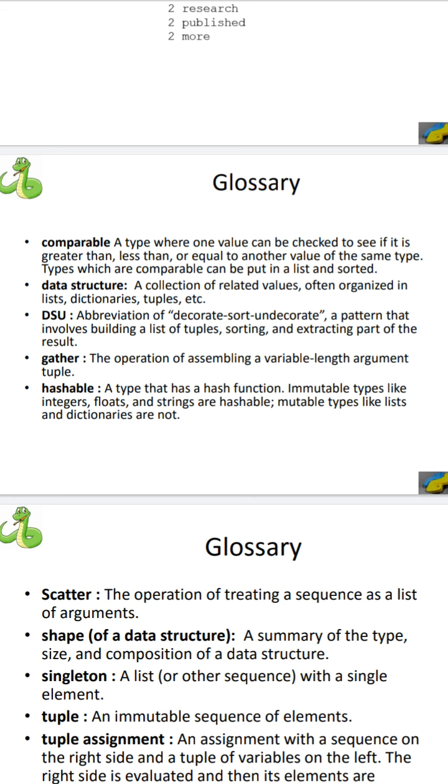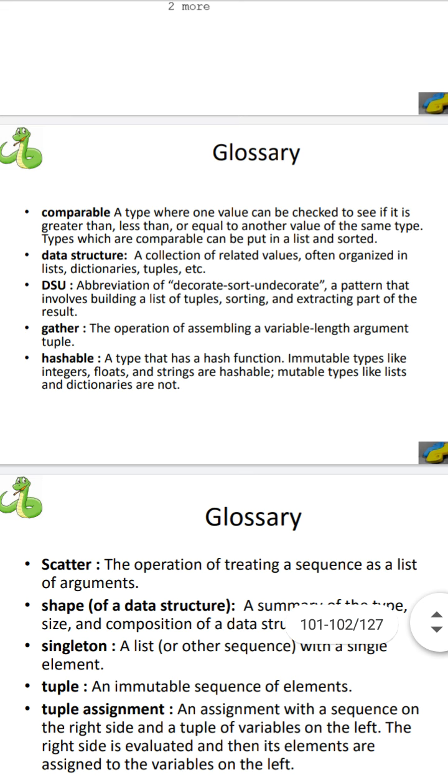DSU, as we discussed in an earlier video, that is decorate, sort, undecorate. This is a pattern that involves building a list of tuples, sorting all the elements in the tuples and extracting part of the result.